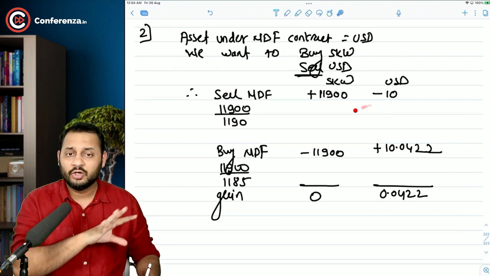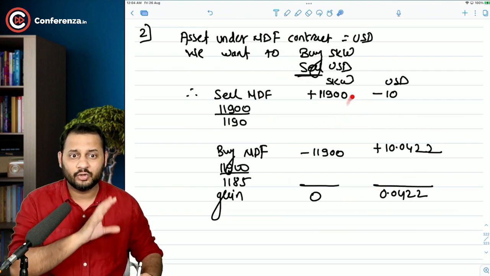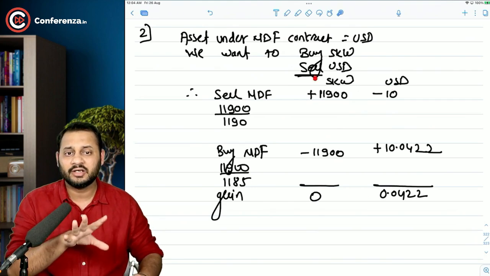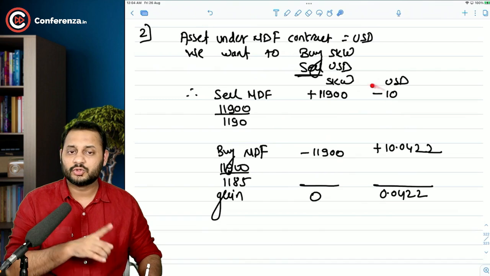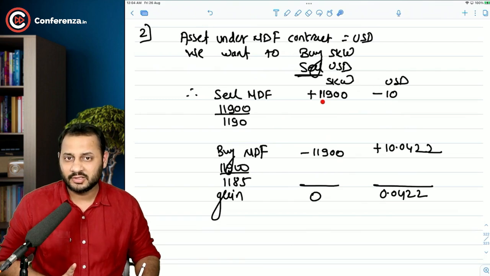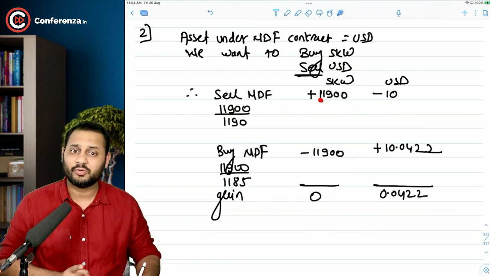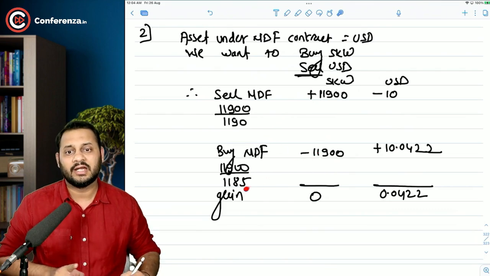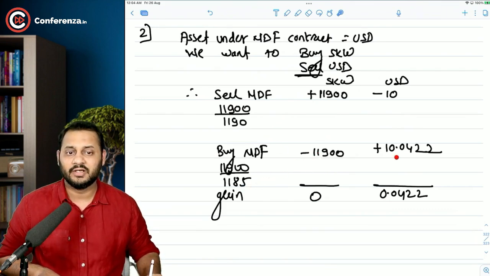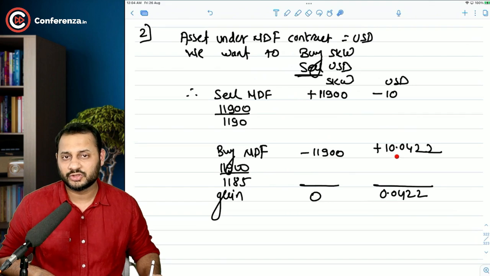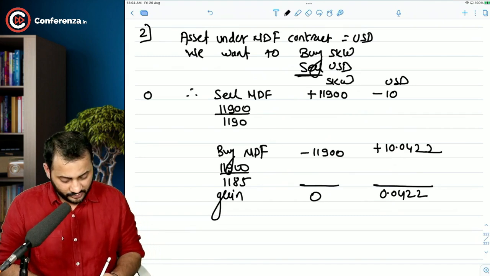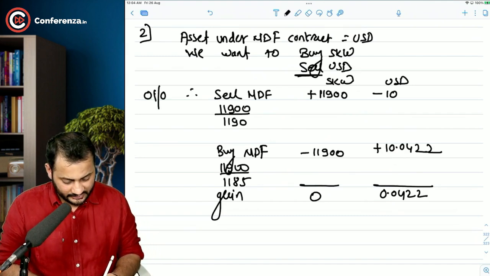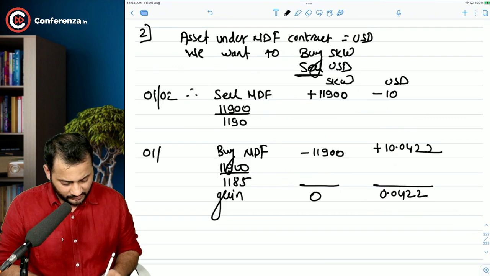Please understand, no delivery is happening; no one is paying or receiving US dollar or KRW in reality. So 10 lakh US dollar sold, 11,900 KRW bought. Since delivery is not possible, we will sell it again at 1185 and we will get 10.0422 US dollar. So the gain in US dollar is 0.0422, from 1st of February to 1st of March.